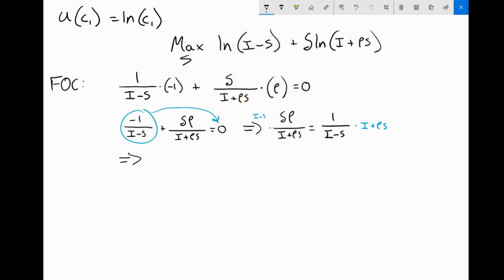All right, so that's going to give me delta rho times I minus S equals I plus rho S. My goal, remember, is that I'm trying to solve this thing for S. I'm going to distribute this. I want to get S alone.